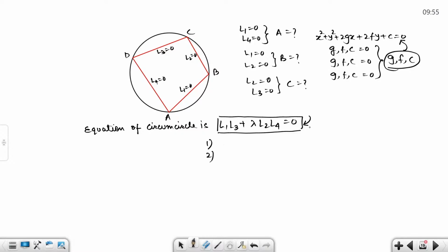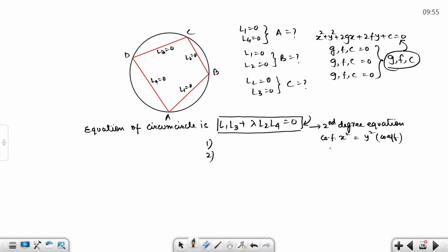Again, this is nothing but a general second degree equation. Now we know that a general second degree equation will represent a circle when the coefficient of x square and the coefficient of y square are equal.